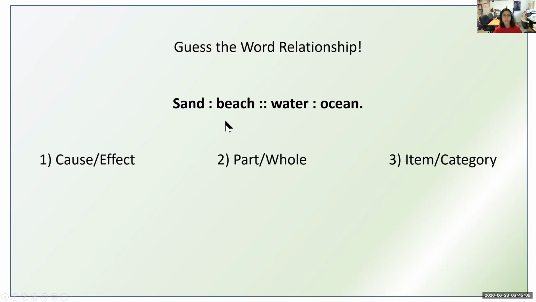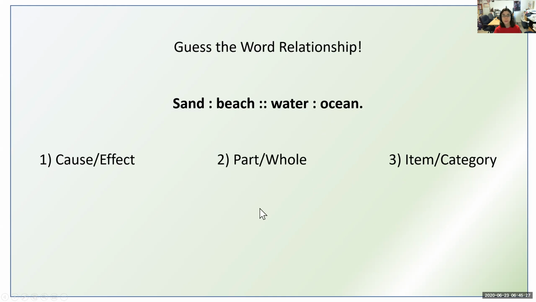It doesn't look like it really would. So we'll look at our second option, part-whole. Is our first word a part of the second word? Sand is a part of beach, just as water is a part of ocean? That looks like that one could be correct.